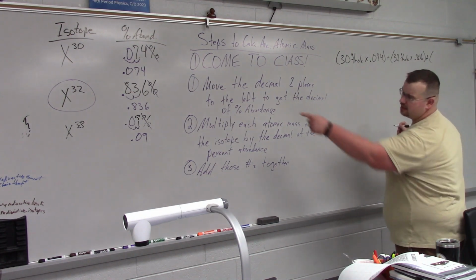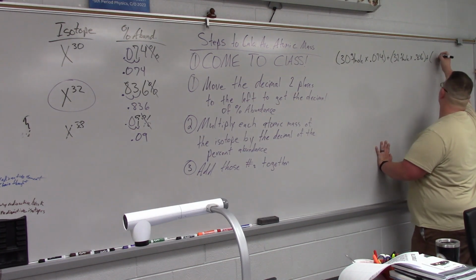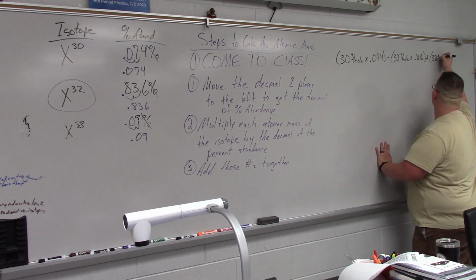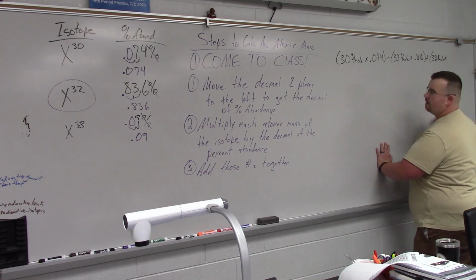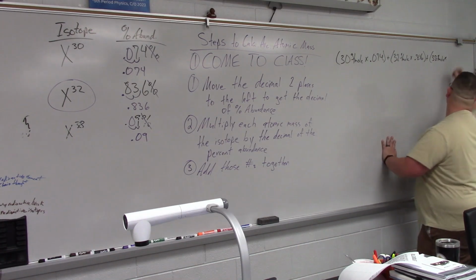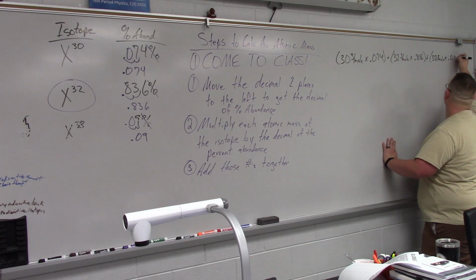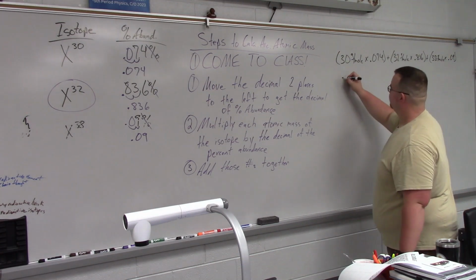Add with that isotope 38 grams per mole, multiply by the decimal percent abundance, 0.09. And we're going to get an answer.